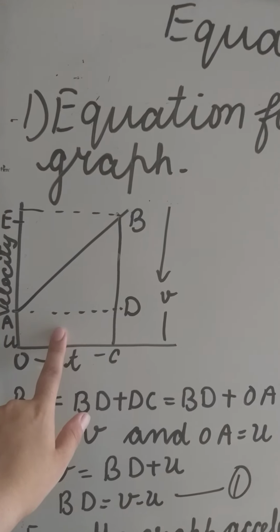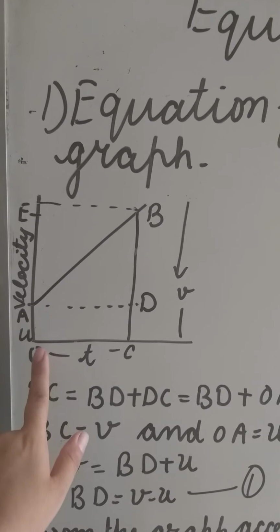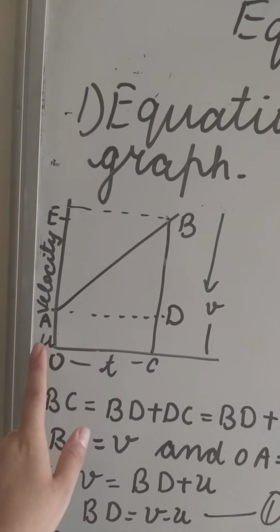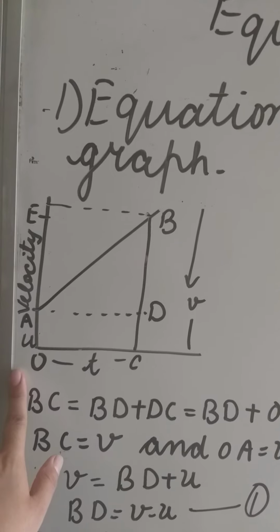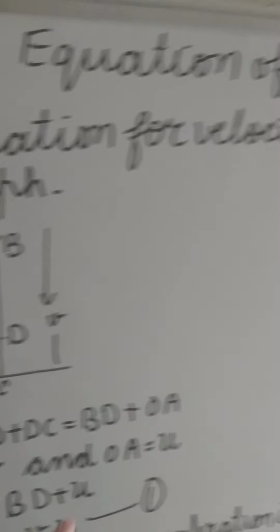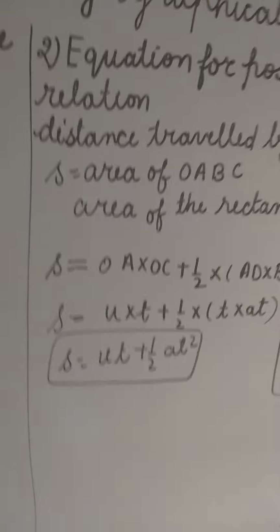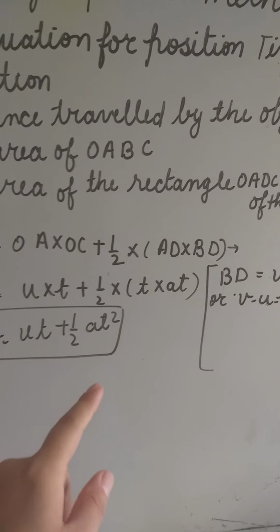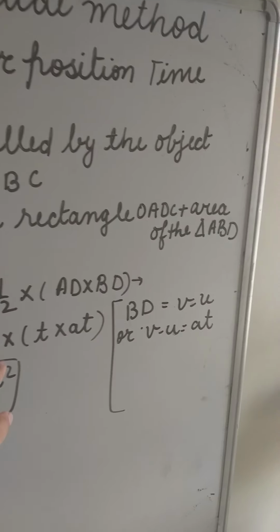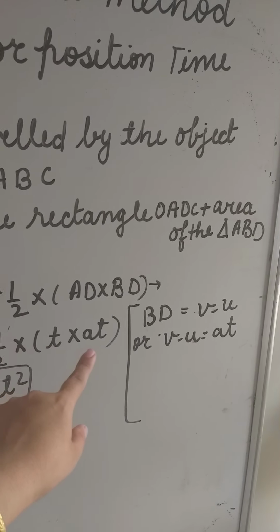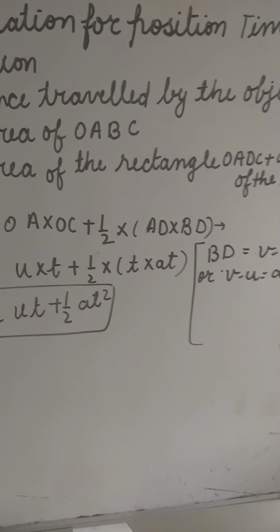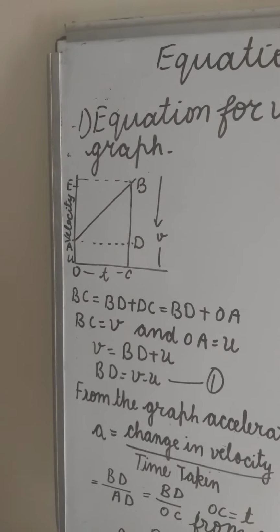The area of the rectangle is AO into OC. AO is U and OC is T, so I have written U into T. For the triangle, 1 by 2 into AD into BD, and BD is equal to V minus U.